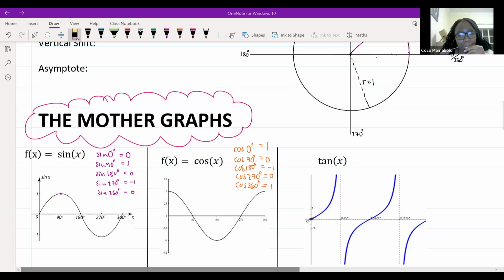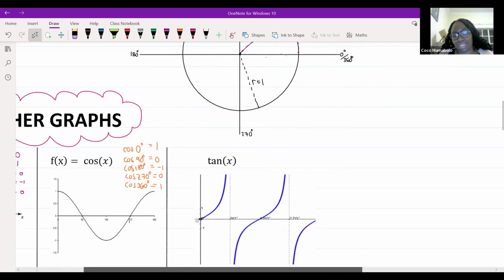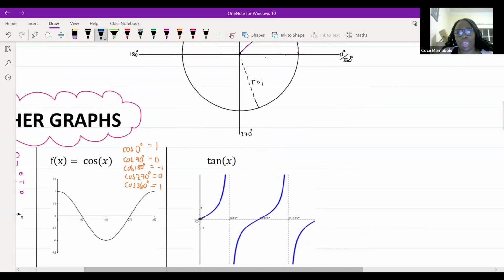Okay. All right, so tan is a bit of a special character, in that tan repeats itself every 180 degrees instead of 360. So instead of doing tan of 0, tan of 90, we're going to halve all of them.